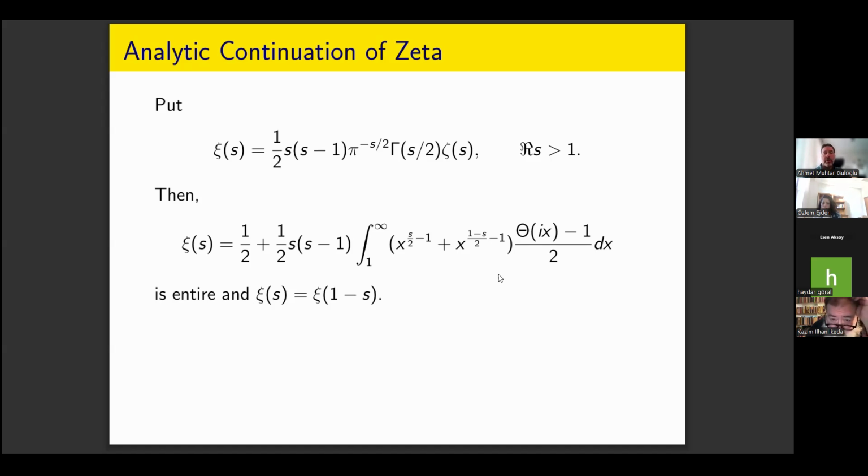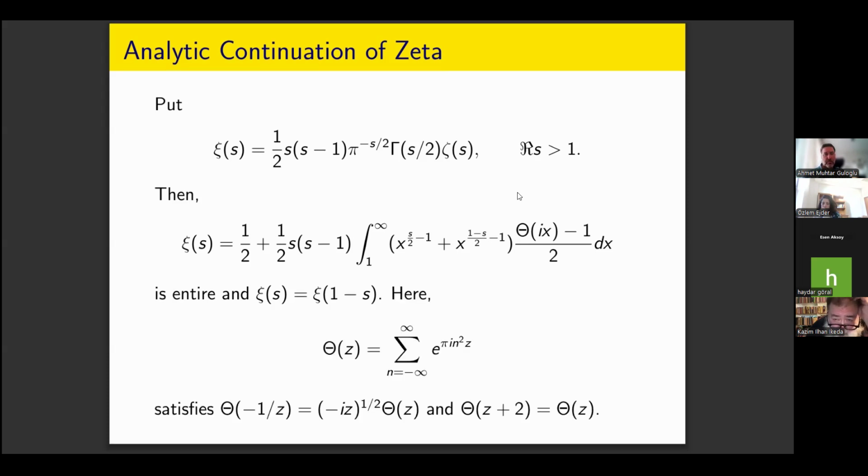Okay, this is also interesting in another aspect. As you can see, we have this theta function appearing here, which is given by this formula. So this z is a complex variable here. We have this function, and it satisfies these two transformations. And it turns out that this is, in fact, a half integral weight modular form over a congruent subgroup.